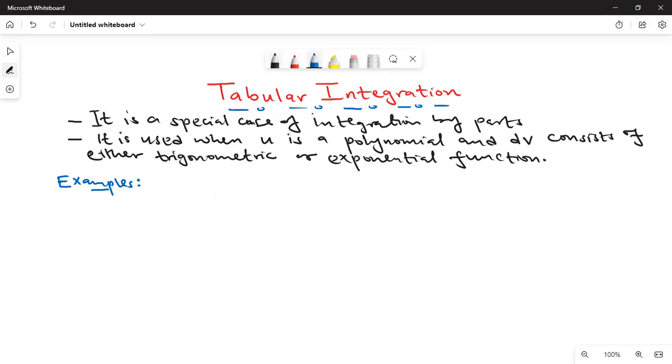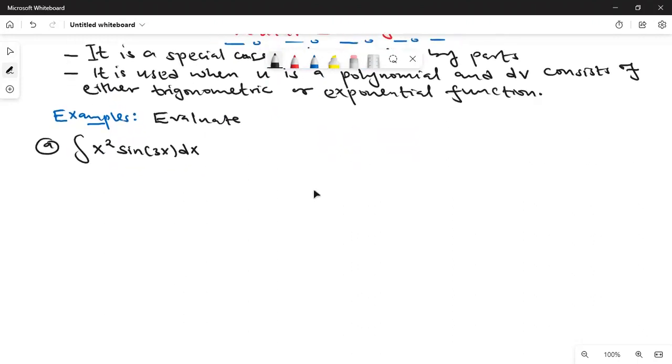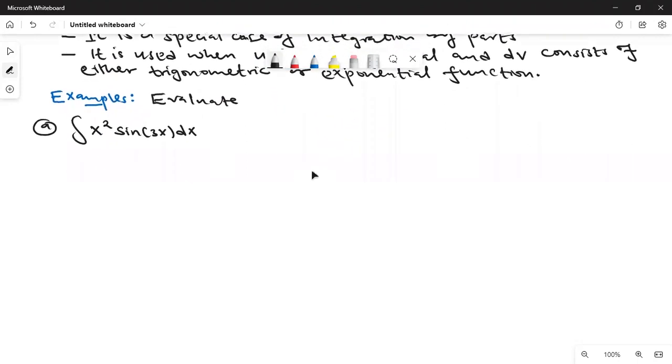So we are asked to evaluate the following. Evaluate part A, the integral of x squared times sine 3x dx. So what you do here is to decide which function is u and which one is dv.